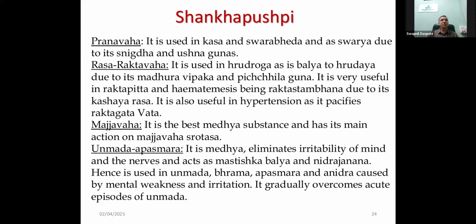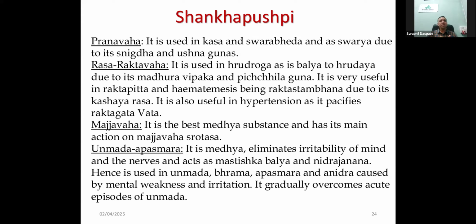Majjavaha Srotas: it is the best Medhya substance and has its main action on Majjavaha Srotas. We saw its Prabhava. What is its Prabhava? Medhya. It has Medhya Prabhava, so it acts very well on Majjavaha Srotas.